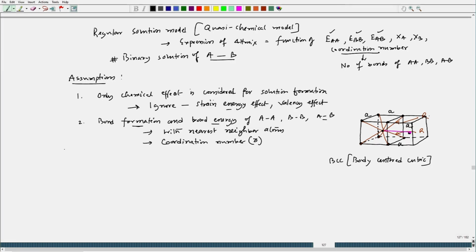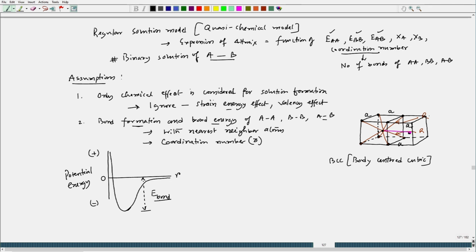So, if I try to look at the bond energy, this is distance, let us say r, and this is positive force and this is negative force, and you will have a potential energy. If we plot, we will get a plot like this. This distance, with this being the 0 value, corresponds to the bond energy.